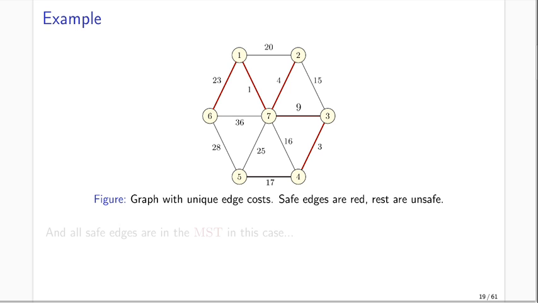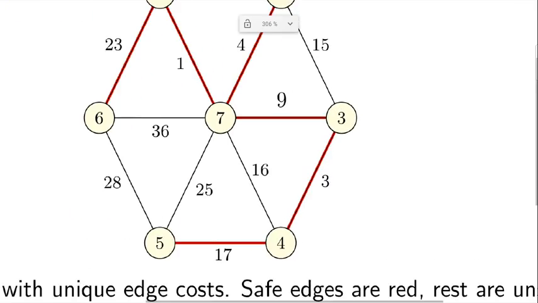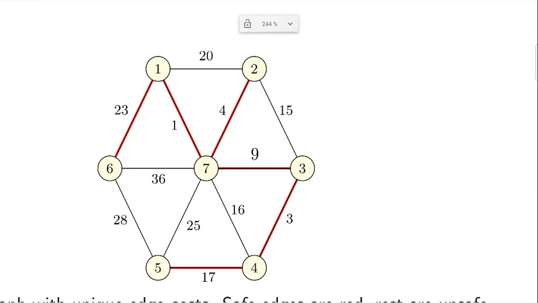Okay, so let's look at this example. The claim is that all the red edges are safe. So let's see why this is true. If we take vertex 1 against everybody else, the cut, this edge is the cheapest edge, right? So this edge should be in the cut. Similarly, if you take this vertex, this edge is the cheapest edge connected to it, so it's safe. So we verify that this and this are safe.